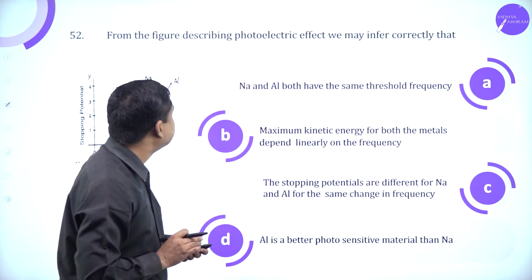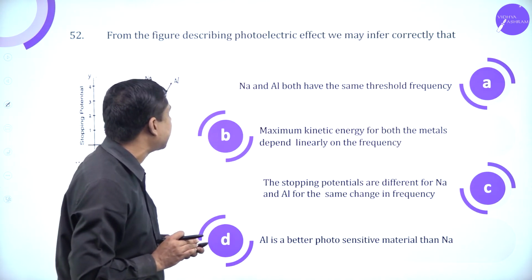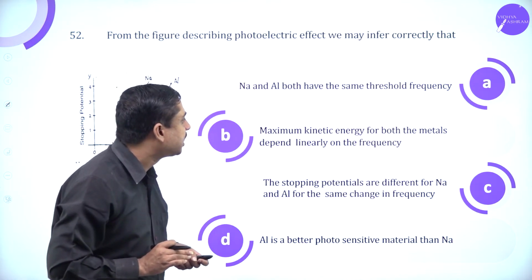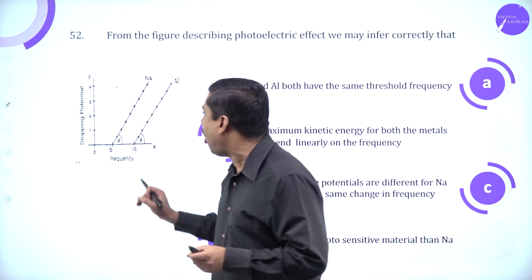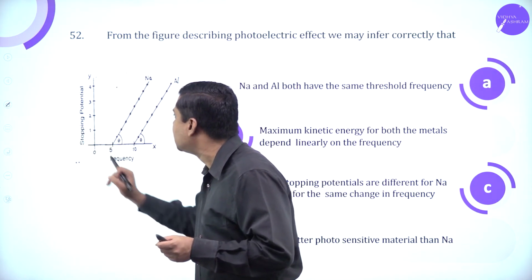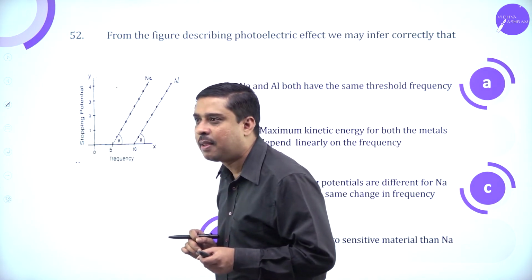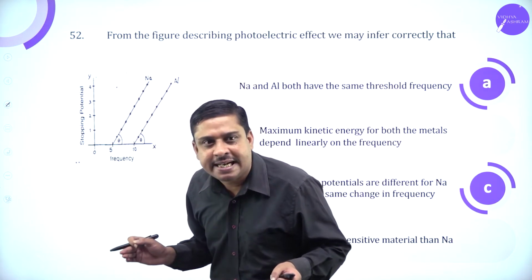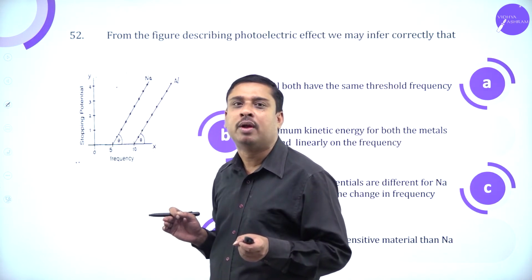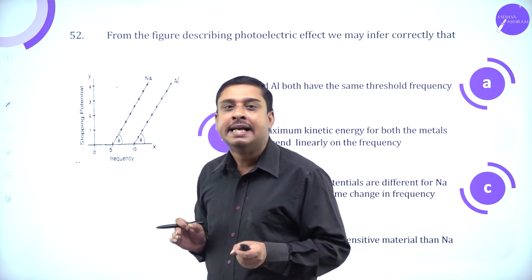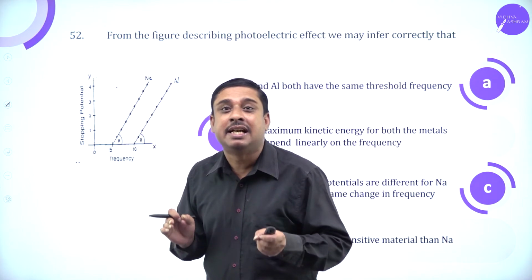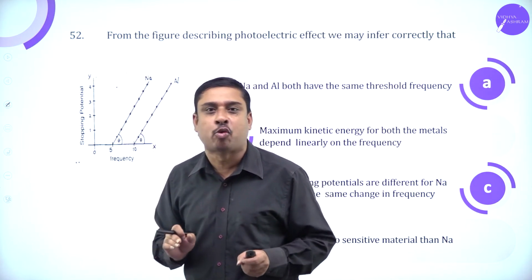From the figure describing photoelectric effect, what do we conclude? If you observe, it is a graph of frequency versus stopping potential. So maximum kinetic energy or stopping potential, they are directly dependent on frequency.